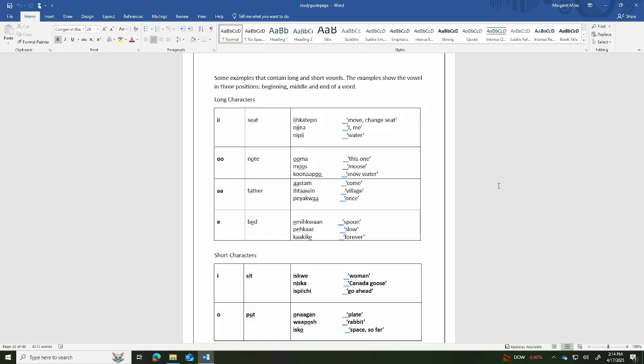You could hear the sound in front of the word, isquel, meaning woman. Niska, Canada goose. Ispiche, go ahead.